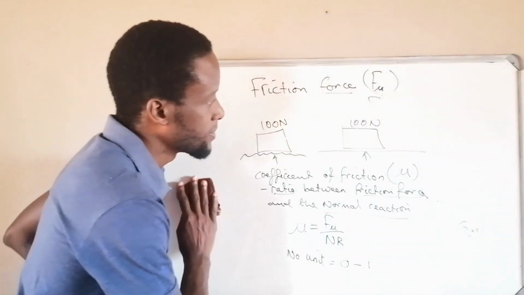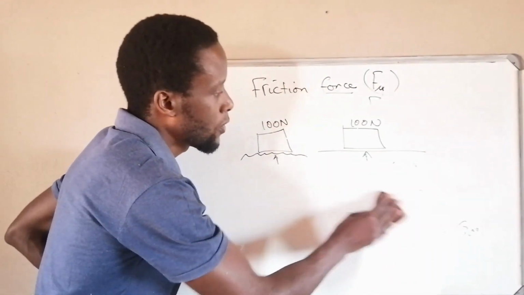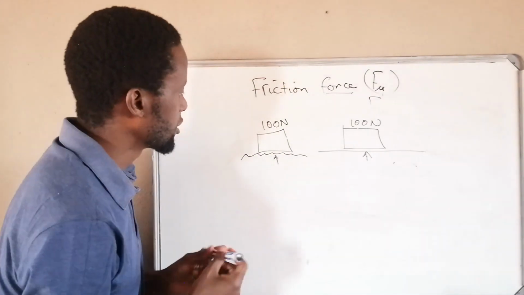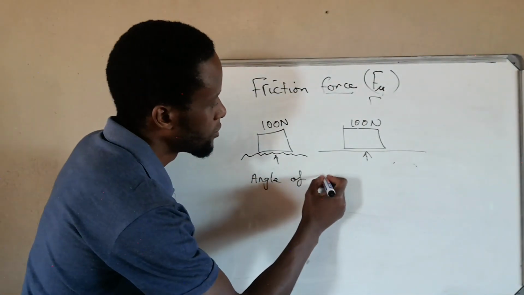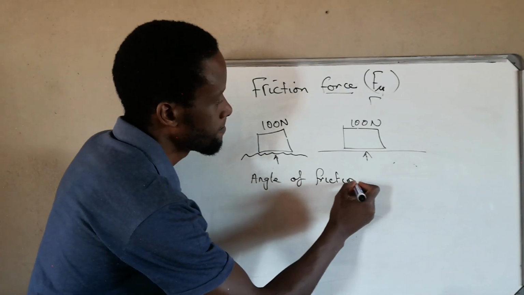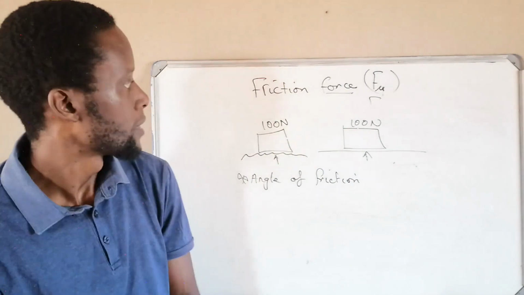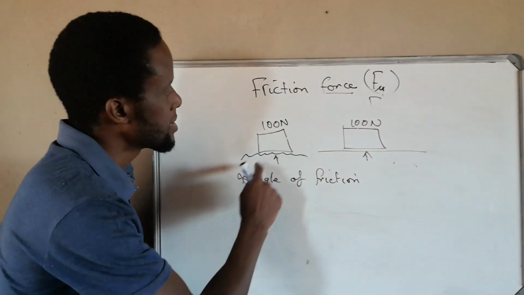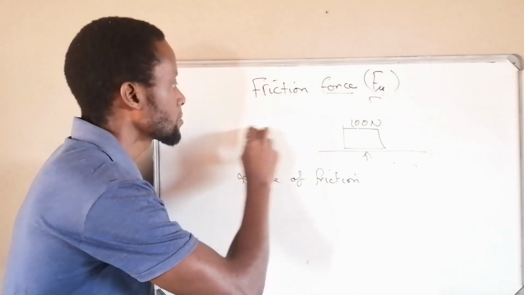Okay, the other item that they will ask of us is what is known as the angle of friction. So from this example, let me just take one example from this.